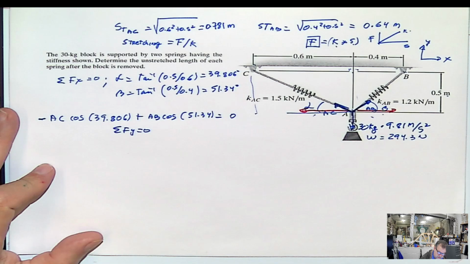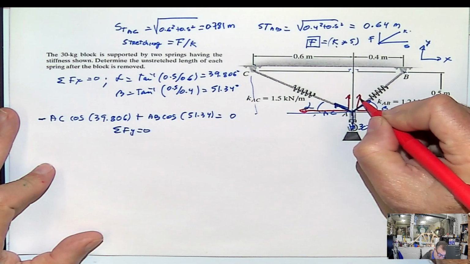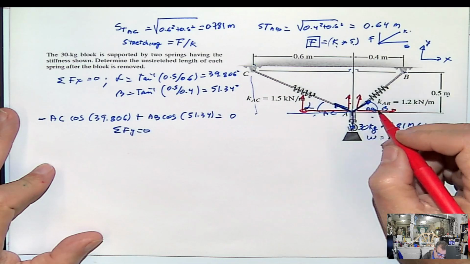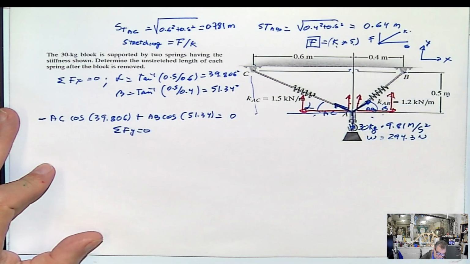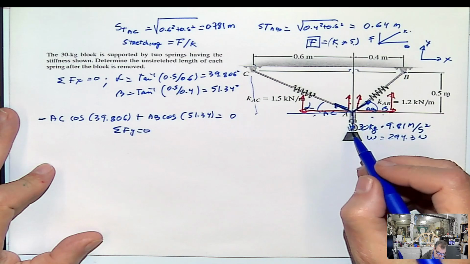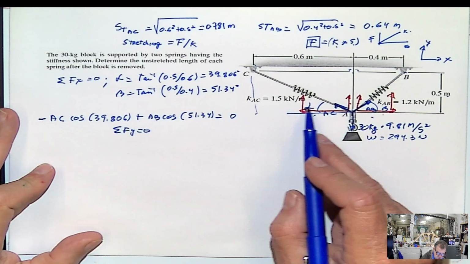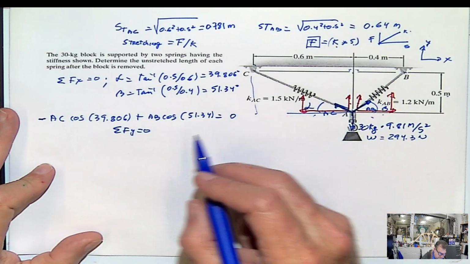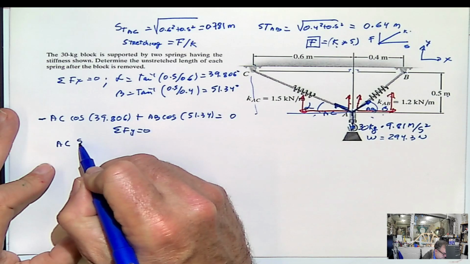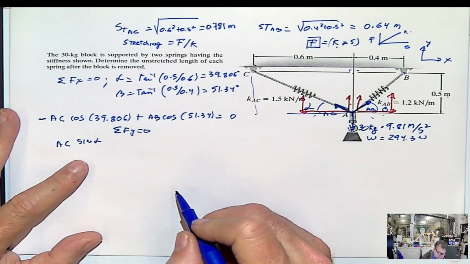Well, we have this component and this component. This component will be the equivalent of this. This component will be the equivalent of that. And the weight. So this component will be what? Will be AC, because it's opposite to alpha, sine alpha. AC sine alpha.